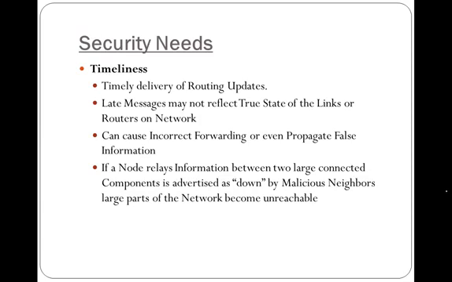If a node relaying information between two large connected components is advertised as down by a malicious neighbor, a large part of the network becomes unreachable. Look at this: even if you send some wrong information that the network is down, or the network is available and you share wrong information with other nodes, it can create some disturbance.